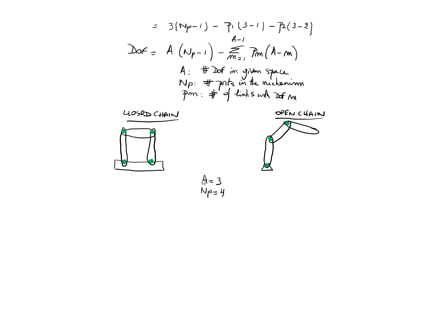If we look here at the number P2, we see that it's equal to 0. There are no links with 2 degrees of freedom.